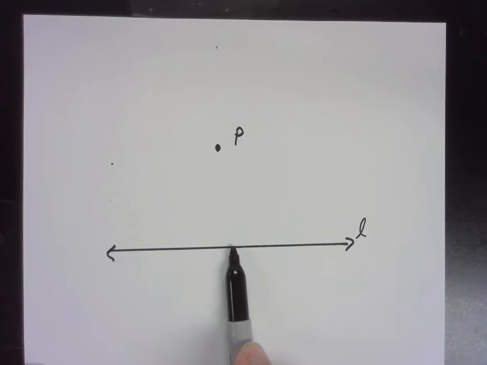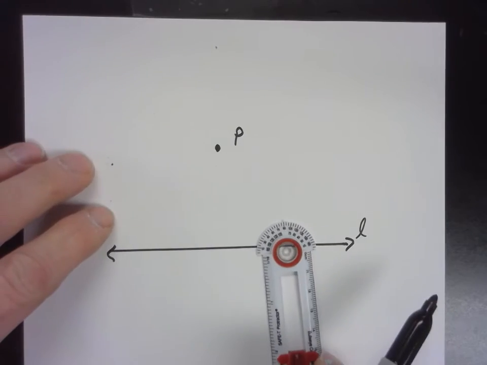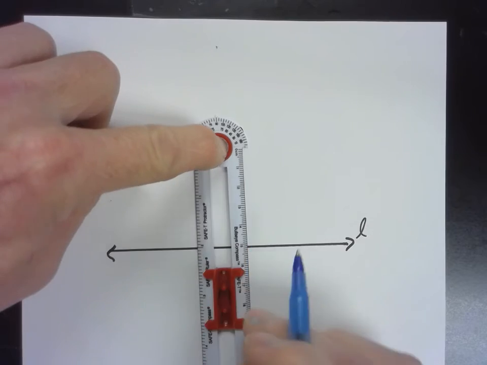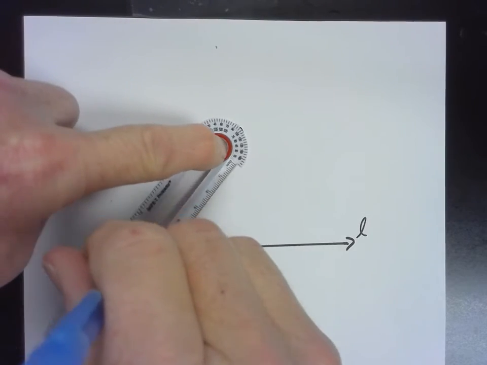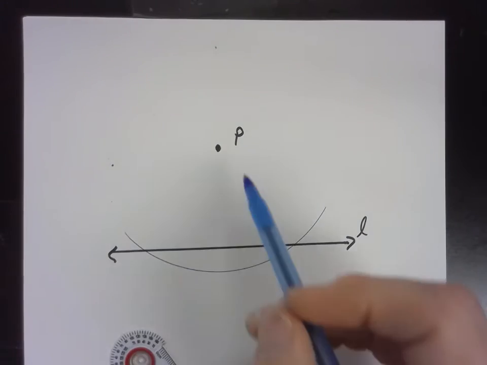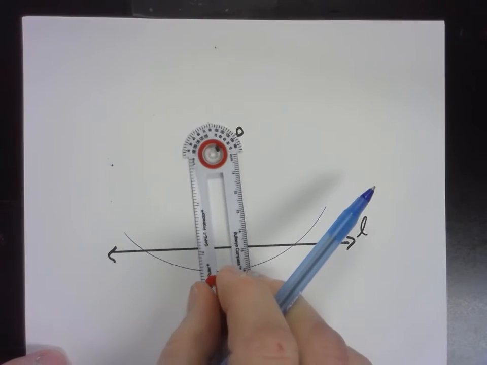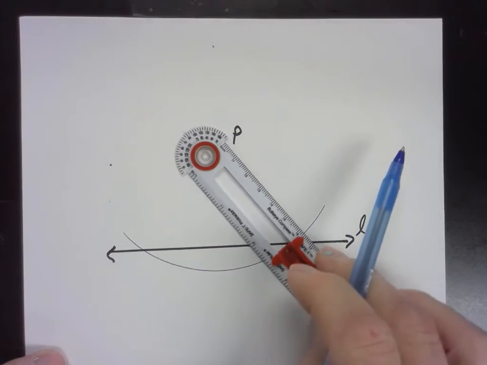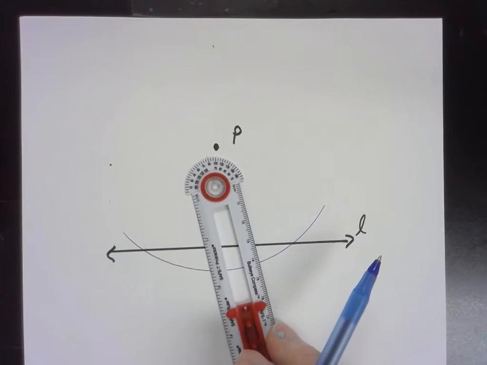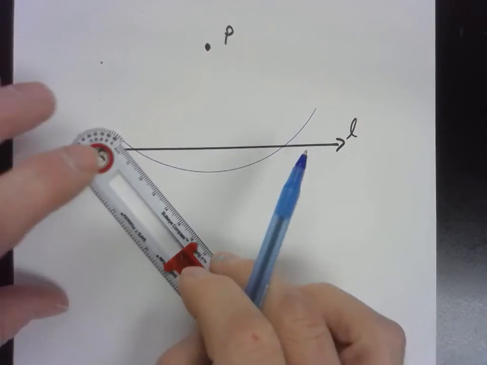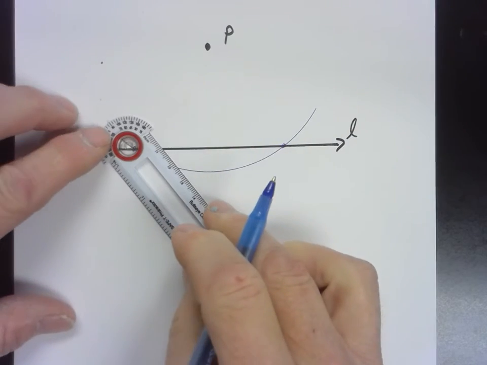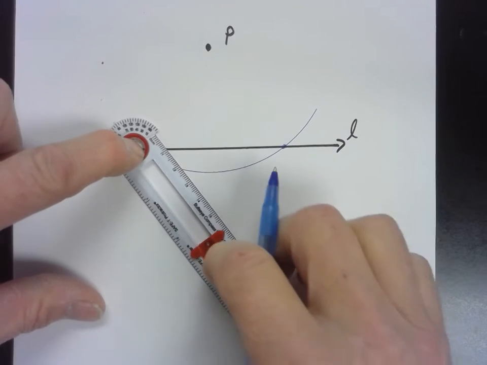Should we find it? We can do it by construction. Take a look at this one. Remember, go down here a little bit, make our smiley face. It doesn't matter how our compass is adjusted, just as long as we go down through and come up on the other side. Then we start at these two intersections. Now I can adjust my compass at this point, it doesn't matter where I have it.